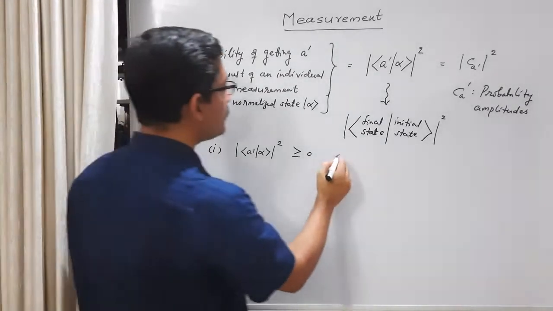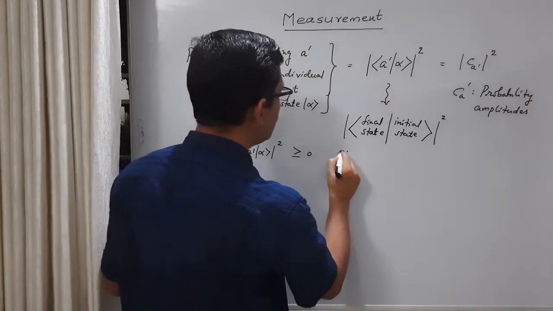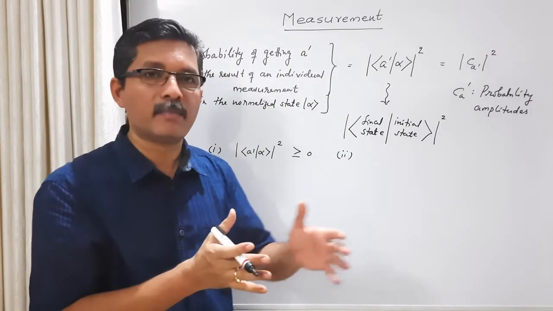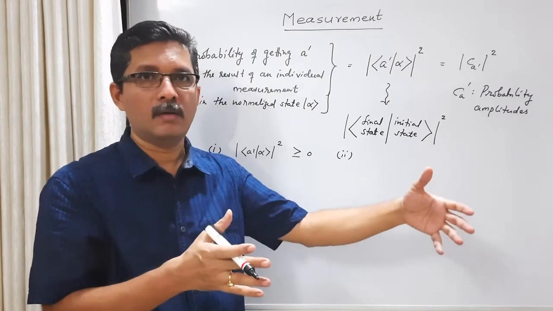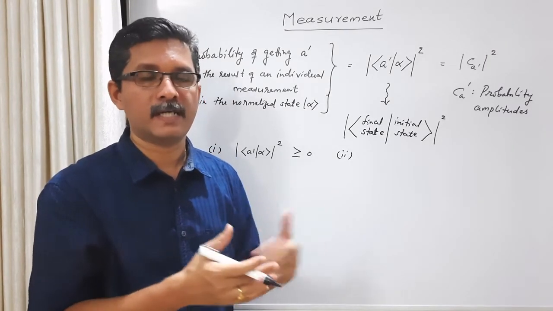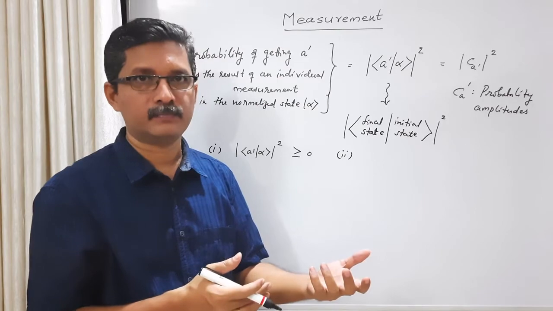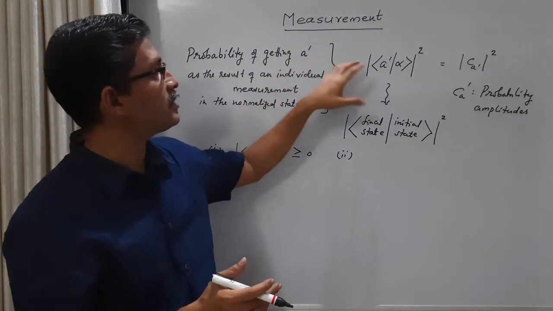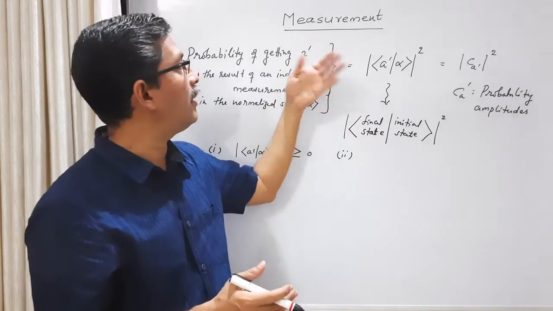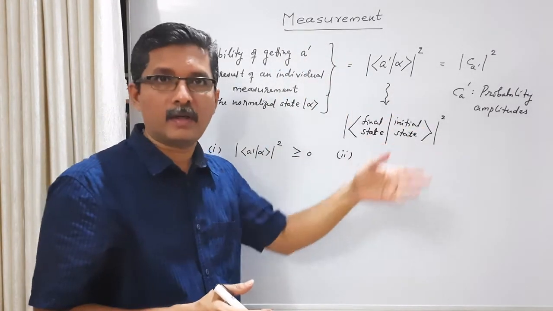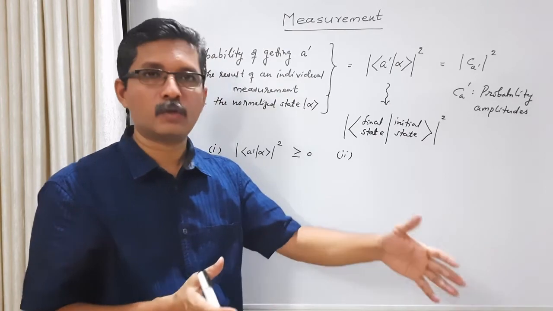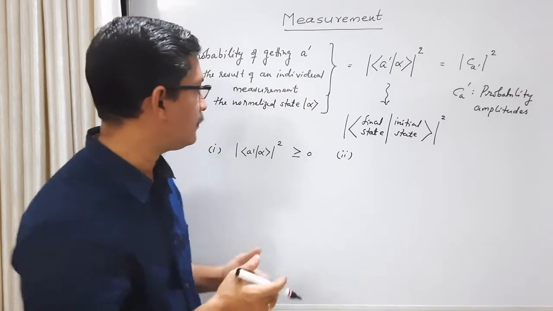The second aspect is that if we take the summation of probabilities over all possible states, then we should get 1. So this is the probability of getting A prime as a result of a measurement. Similarly, you can calculate it for A double prime, A triple prime, and take the sum over all eigenkets. Then that should be 1. Let us see if it happens.